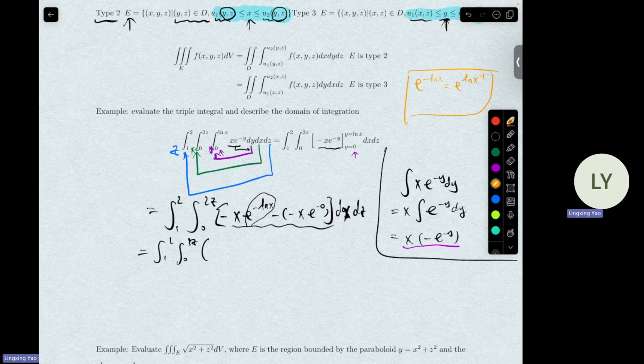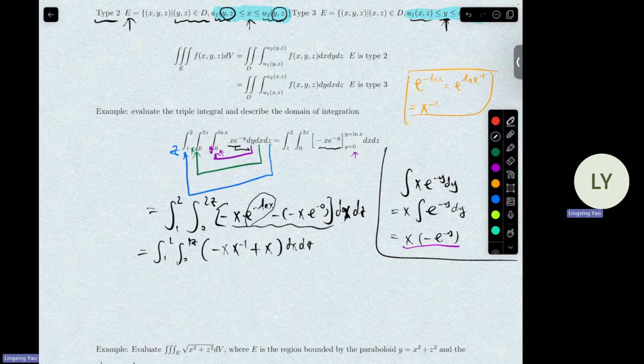By the law of logarithms, this is x to the power -1. So x times x to the -1 is just the constant 1, and we have to keep that in mind. So this is negative x times x to the -1, and a minus of a negative gives plus x times 1.